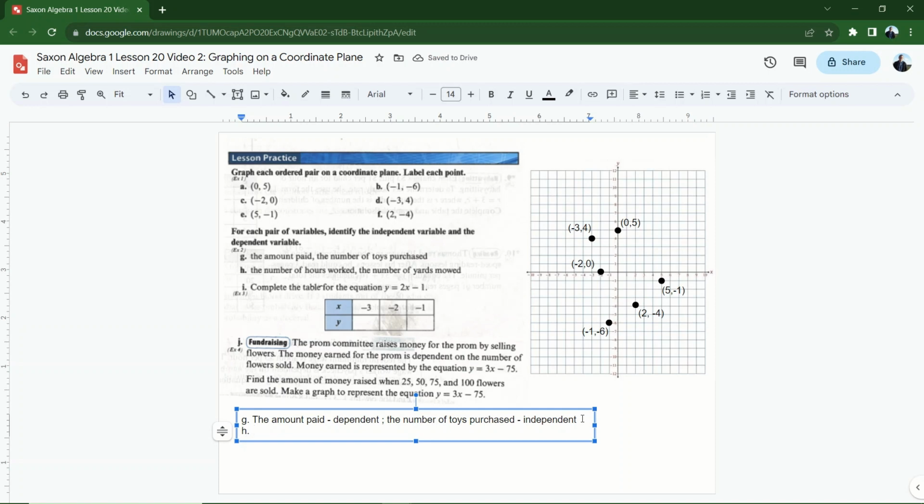This one, there is no doubt. The number of hours worked, the number of yards mowed. I don't know, maybe there is a little doubt now that I think about it. The number of yards mowed is my choice, okay? So I'm going to say that the number of yards mowed, I'm going to choose to mow 5 yards today, 10 yards today, okay?